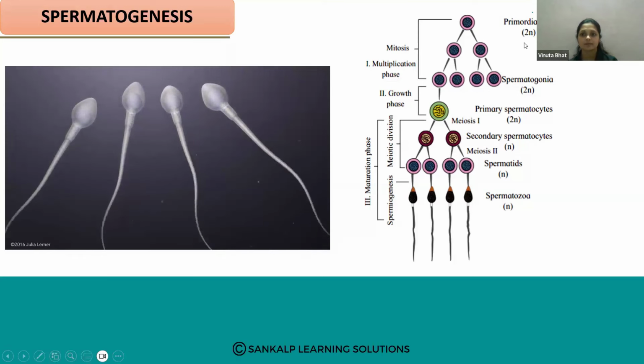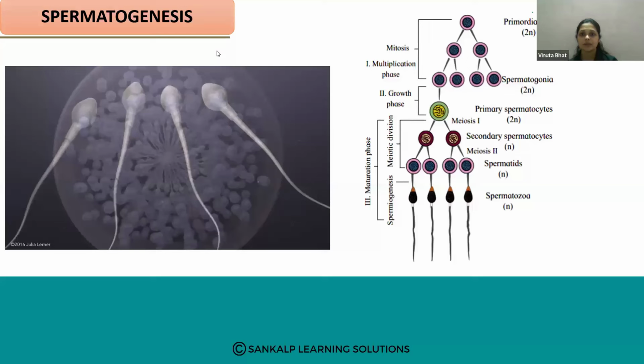Here the first step is the primordial cells or the spermatogonial cells. These are the spermatogonial cells, which are diploid in condition. They increase their number by mitosis.